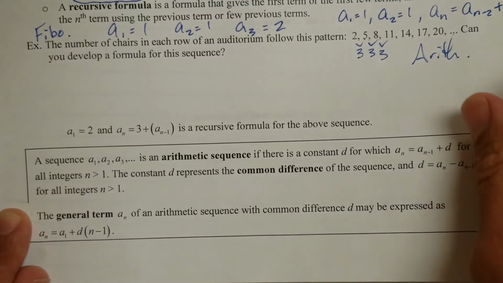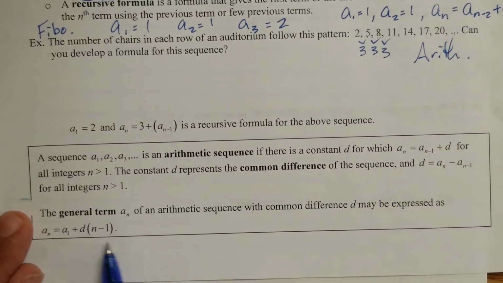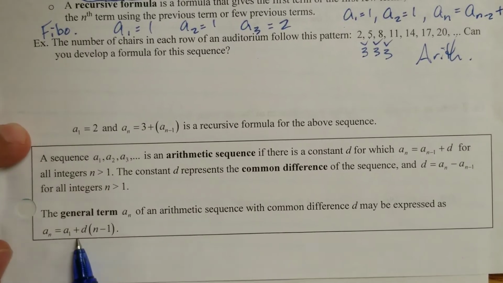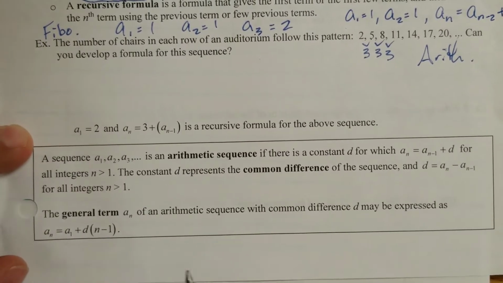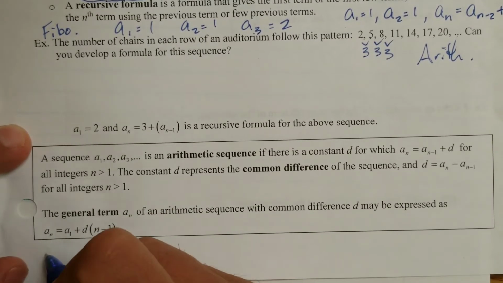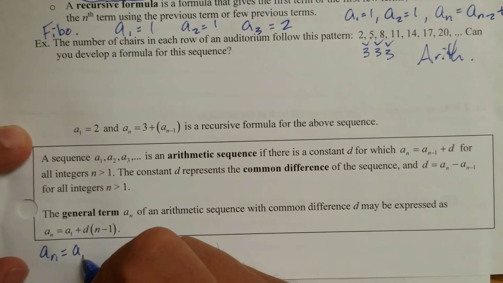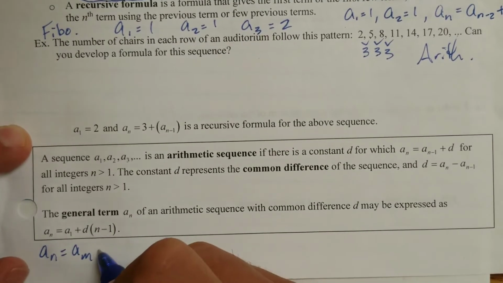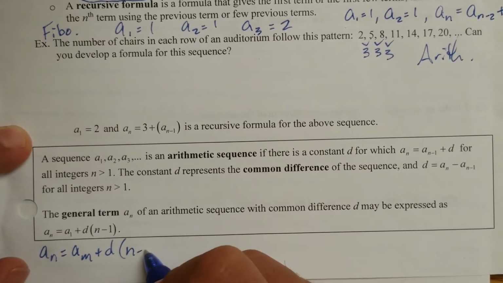So this is the formula that we will use for arithmetic. If you skip down here, the nth term is the first term plus d times n minus 1. Another way of looking at that, if you don't know the first term, you can just say that a sub n equals a sub m plus d times n minus m.